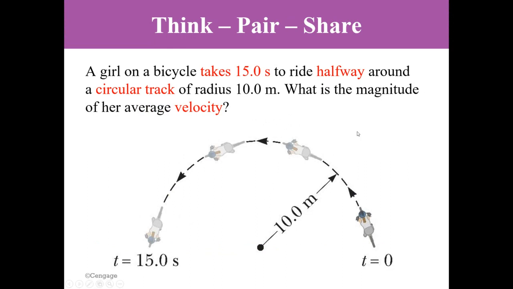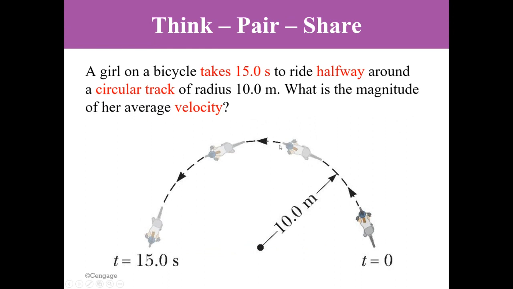Now, what is the magnitude of her average velocity? It's the same motion, but now we are interested in the velocity, not the speed. As you recall, velocity depends on the displacement. So in order to calculate the velocity, you need the displacement and you divide the displacement by time.